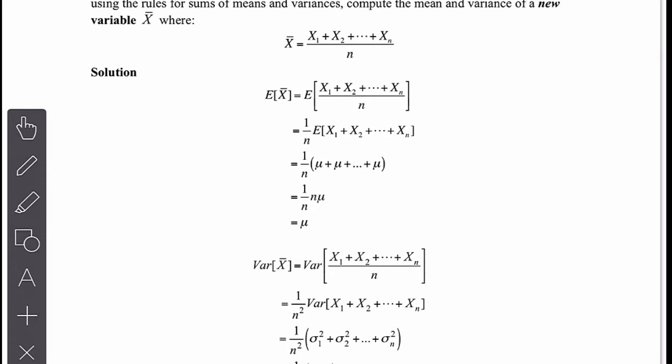The sample mean is made up of adding together the observations and dividing by n. So the random variable of the sample mean is just the random variables all added together and divided by n. So remembering the rules of means and variances, the mean of a sum of variables is the same as the sum of their means.